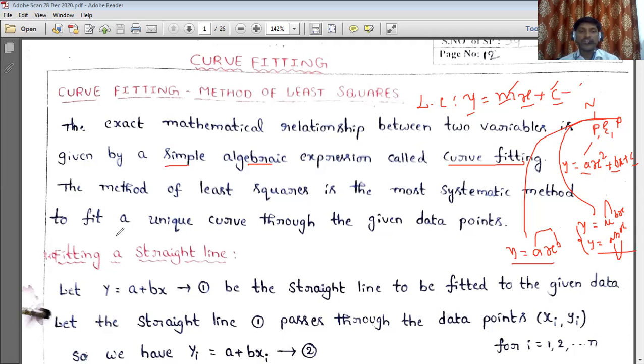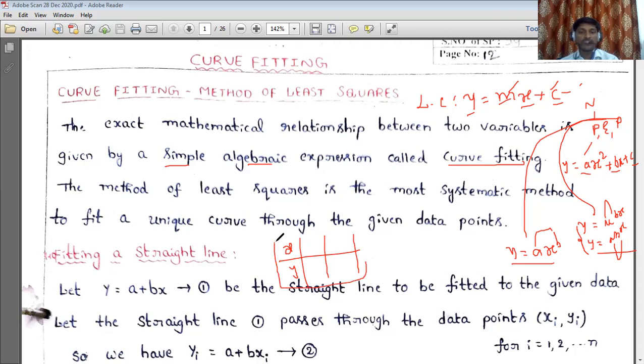Okay, so next, we already said all these curves use the method of least squares, which is the most systematic method to fit a unique curve through the given data points. It means that they give the data: x values they will give and y values they will give. Not necessarily x and y, that may be any two variables. By using this data, we'll fit a unique curve.